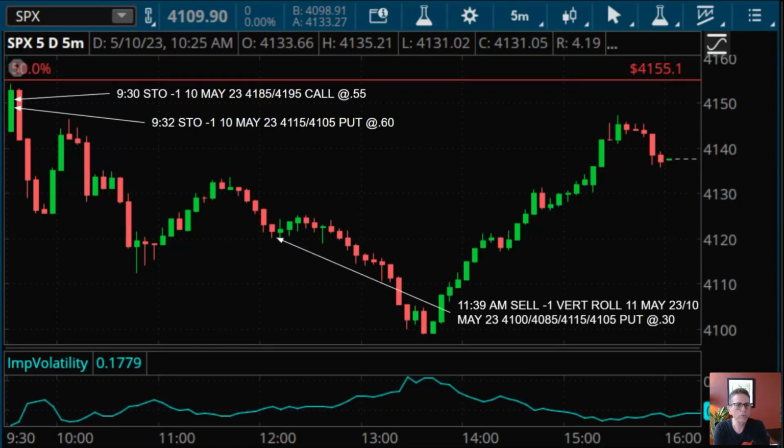We had to roll the trade. You can see I rolled it again. The put spread was 40.15, 41.05. And I rolled it basically when it was around 41.20. Okay, so out of the money, I rolled a position. I got a credit. I was able to push it down.